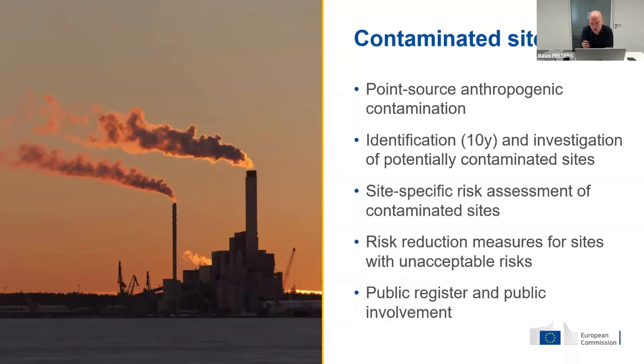The directive puts a couple of obligations on member states. So member states should identify within 10 years the potentially contaminated sites on their territory. Once these are identified, the site should also be investigated. If contamination on these sites would be found, then a site-specific risk assessment needs to be implemented.